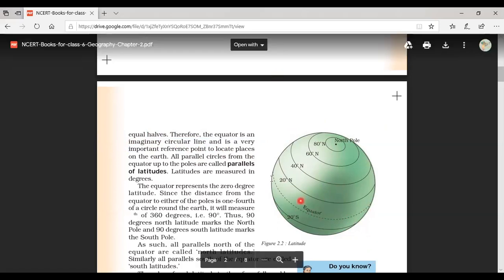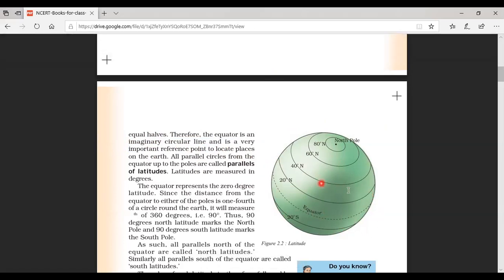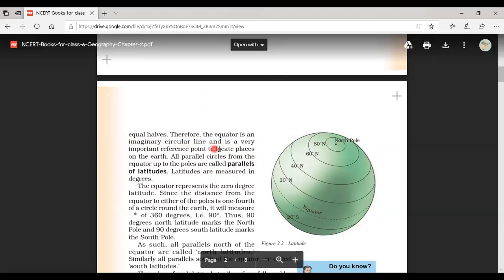Now the lines which go above or below the equator, parallel to the equator in a circular direction, are known as the parallels of latitude.